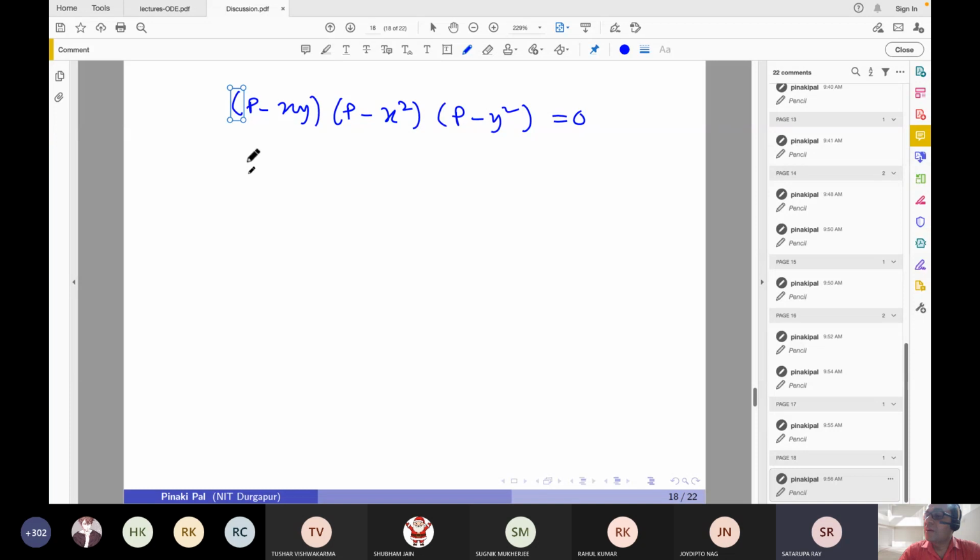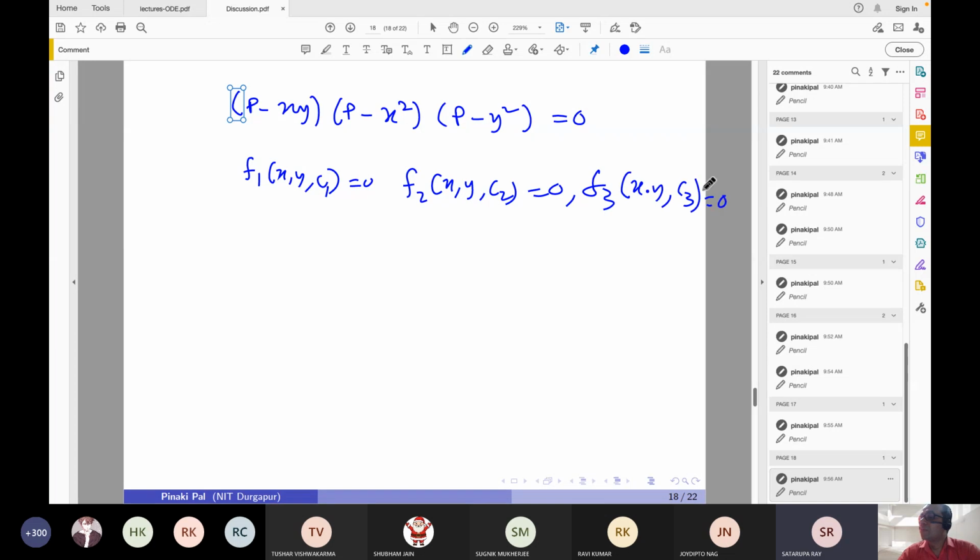Now you have some f1 of x, y, c1 in place of p, equal to 0. F2 of x, y, c2 equal to 0, and F3 of x, y, c3 equal to 0.